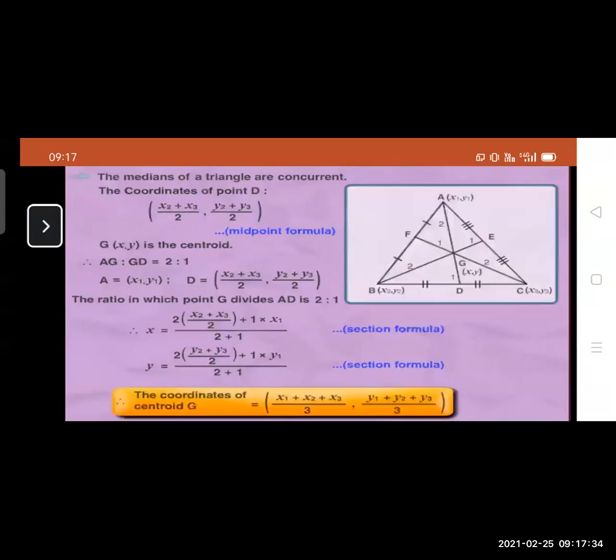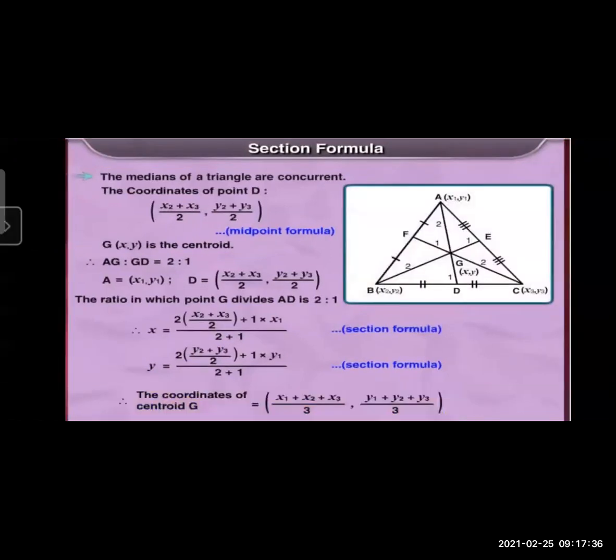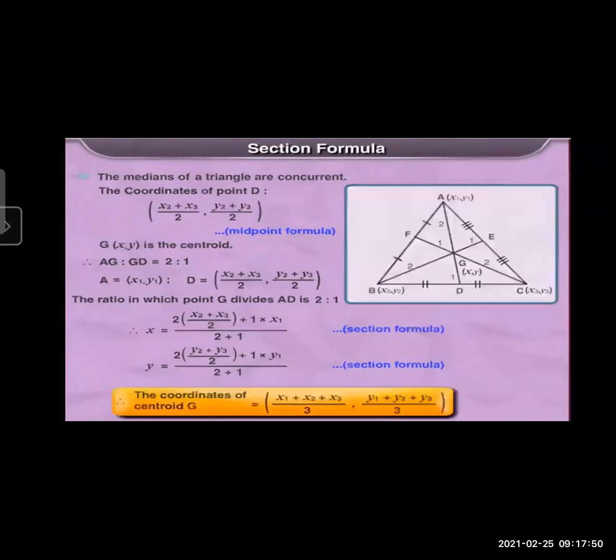Finally, 2 gets cancelled. So we get x1 plus x2 plus x3 divided by 3, y1 plus y2 plus y3 divided by 3. By using this formula, we find the coordinates of the centroid. Okay, so this one is our final coordinates of centroid G: x1 plus x2 plus x3 divided by 3, y1 plus y2 plus y3 divided by 3.